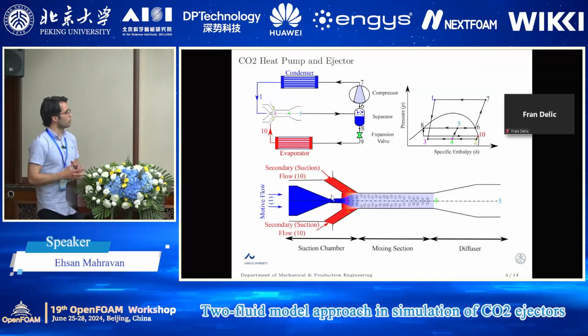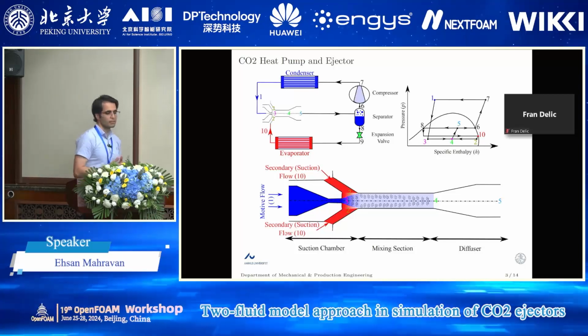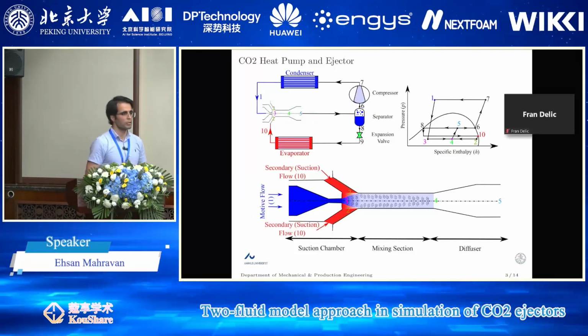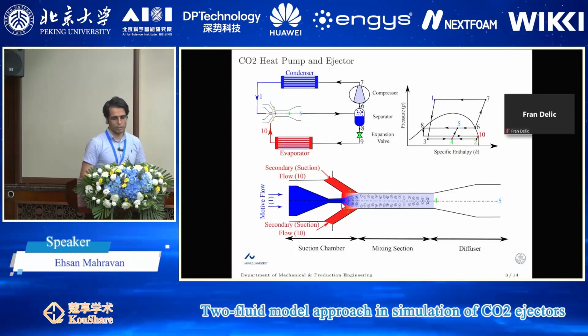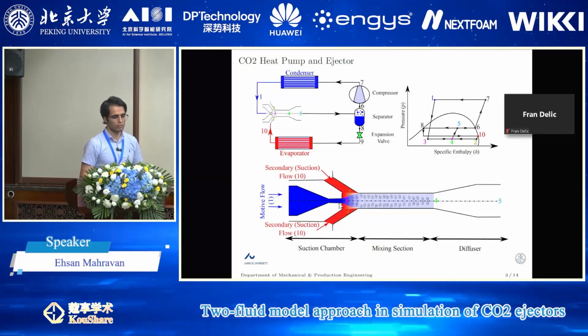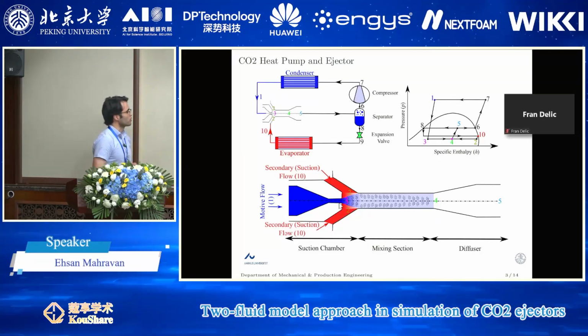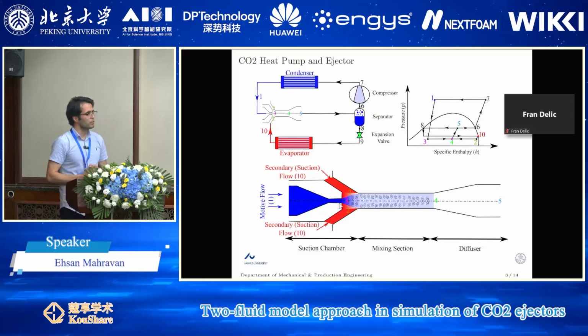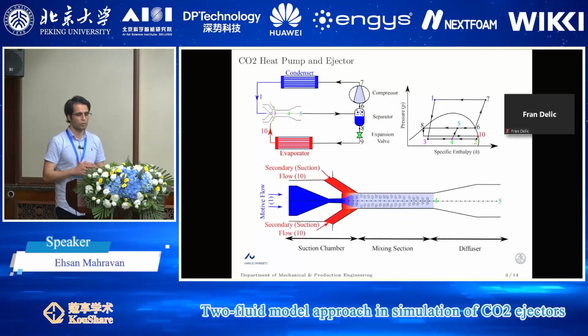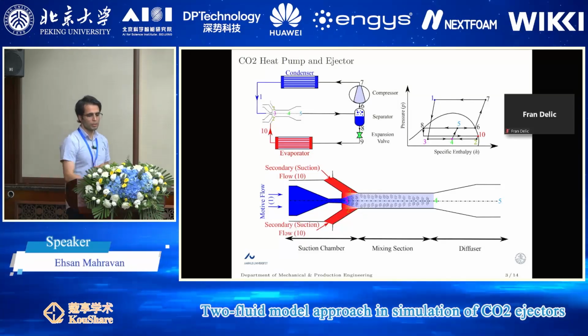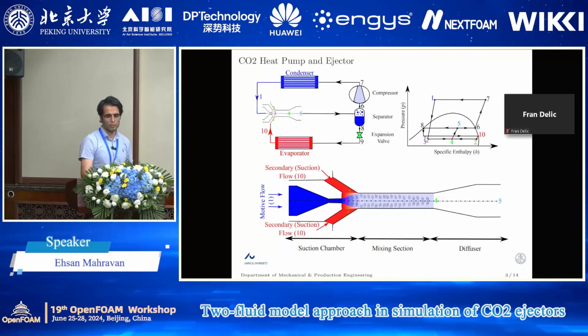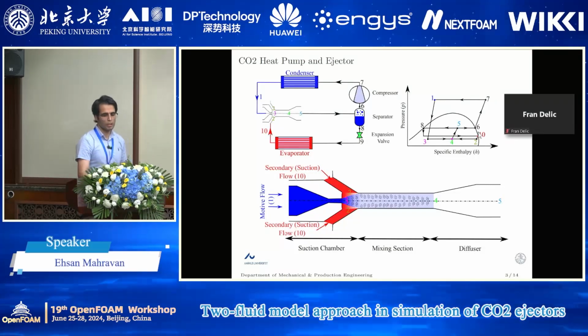After that, the flow is choked, it accelerates further, and the pressure drops in the expansion part. And here, the flow will be supersonic. And the pressure at this point is below the pressure of the evaporator. Here we are at 0.3, and evaporator is at 0.10.